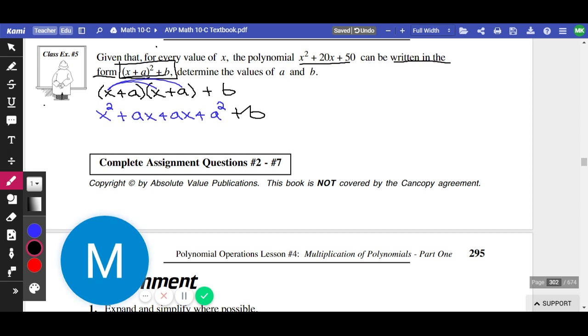Looking at that, we should have some like terms. We do, right? ax and ax could combine to become 2ax. Everything else stays the same. So we have x squared plus 2ax plus a squared plus b.